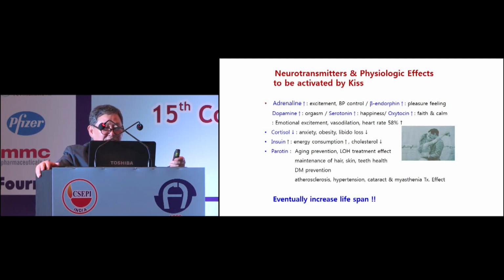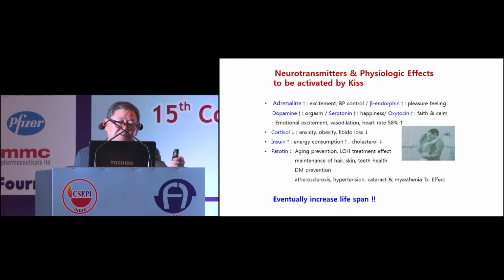Dopamine increases, effective for orgasm. Serotonin increases, so we can feel happiness. Oxytocin increases, pacifying and calming.